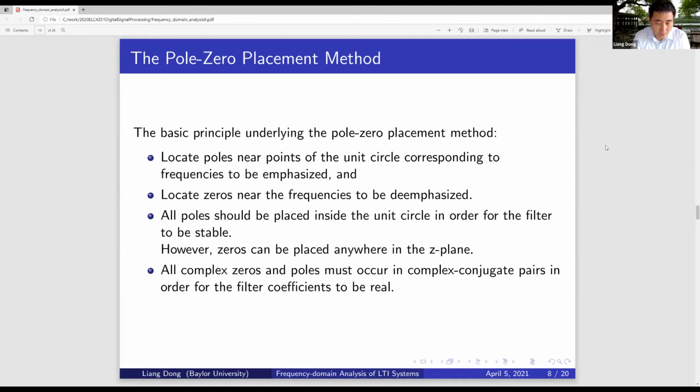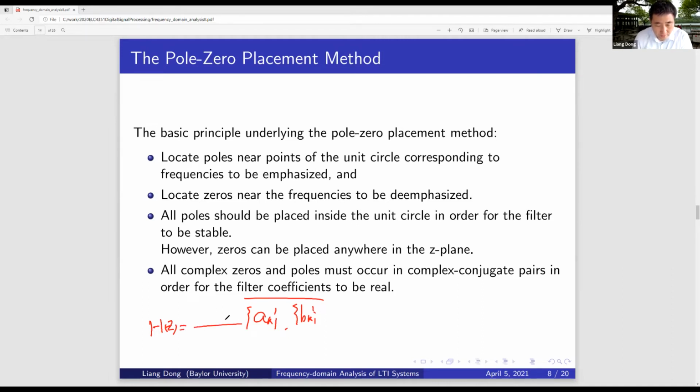Complex zeros and poles: all complex zeros and poles must occur in complex conjugate pairs in order for the filter coefficients to be real. Remember that my coefficients, the A sub k's and the B sub k's, are the coefficients of my filter H(z) if I put it into a rational format.